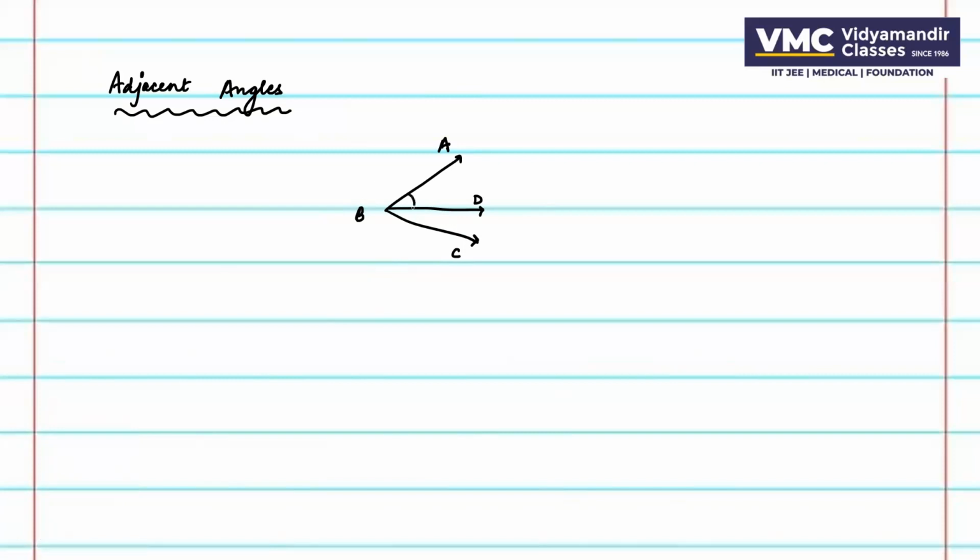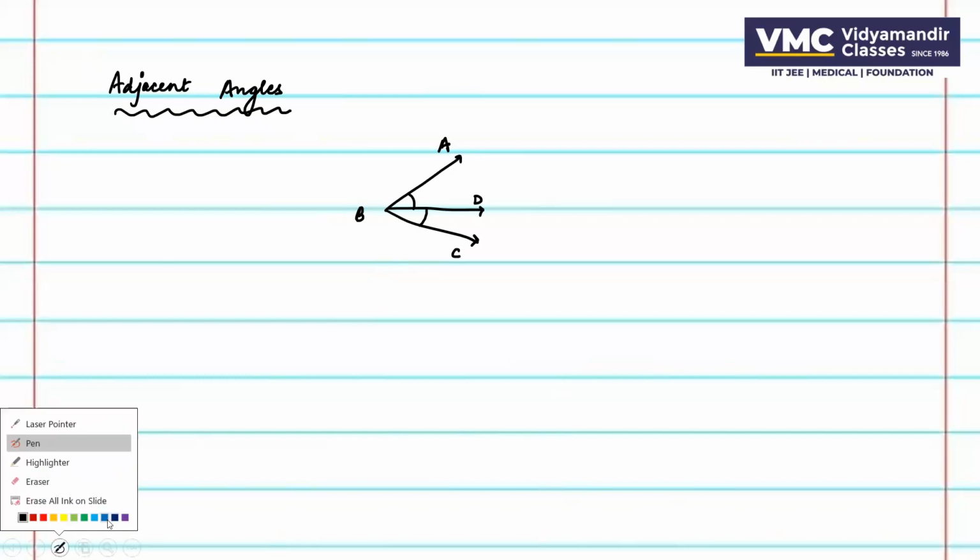So angle ABD and angle DBC are adjacent angles because they are sharing a common vertex. They are sharing a common vertex that is B, and both the angles are sharing a common arm as well, which is BD. And their non-common arms are lying on either side of the common arm, right? That means AB and BC are lying on the opposite sides of BD. So you can just note down.